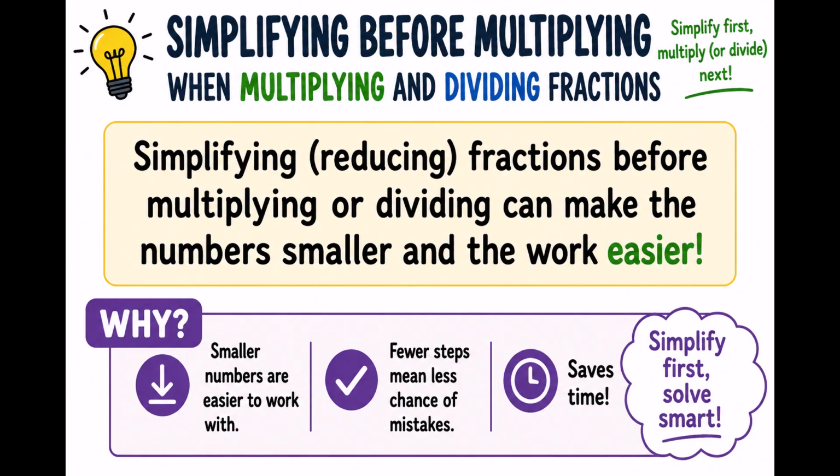Why? Because smaller numbers are easier to work with. Because fewer steps mean less chance of mistakes. And because overall, it just saves time. So simplify first in order to solve it the smart way. Excellent job. Let's move on.